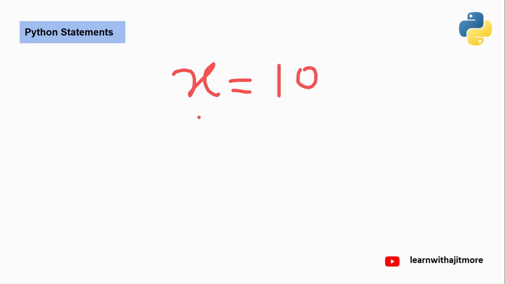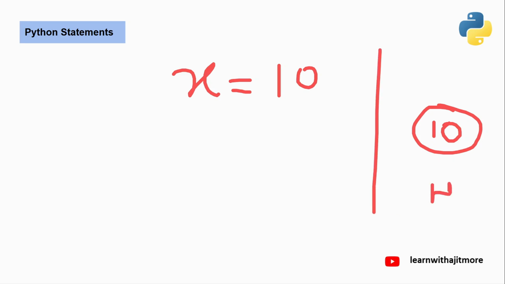It's an instruction to the interpreter to create one integer object and store 10 in it. This will be done on the heap. Then collect the reference, and that reference is stored in the variable x. In x, the address is stored, on the stack part.